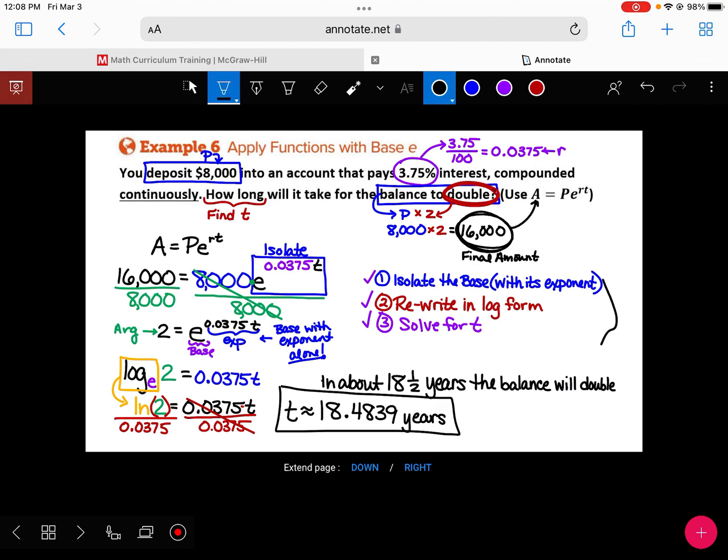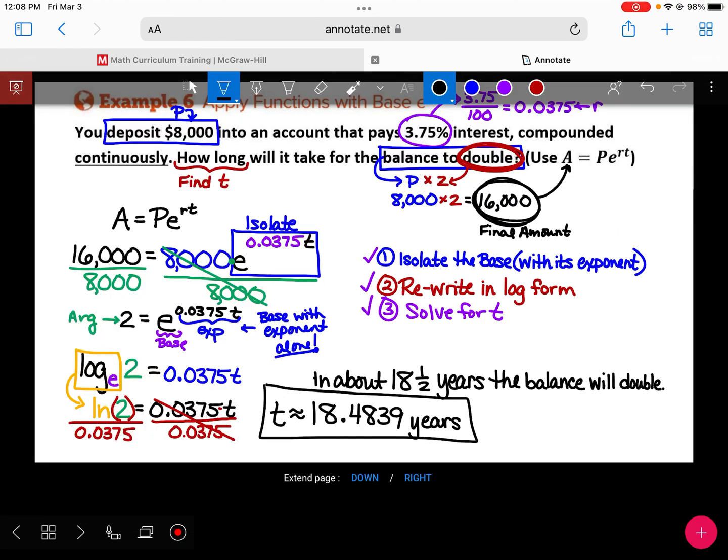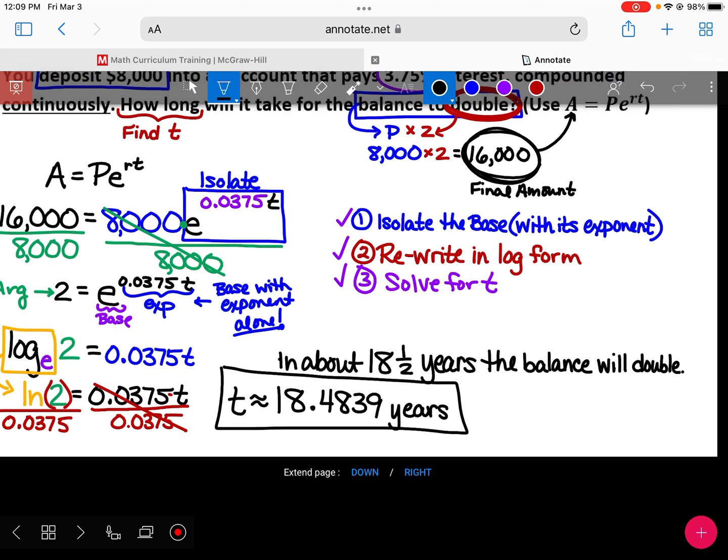Why would I say it's about 18 and a half years? Focus on an exact answer. I've got an approximate answer. I got 18.4839. That's really close to what? What would 18 and a half be? 18.5. We're really close to 18.5. So in just a little bit less than 18 and a half years.